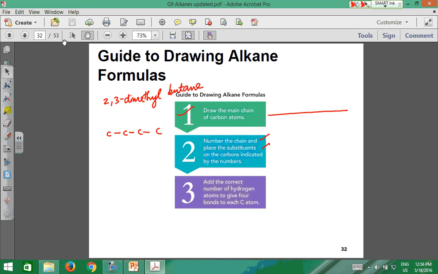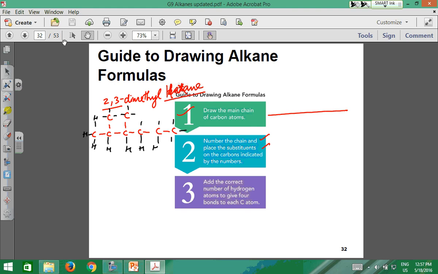Okay, or instead of butane, I have got hexane. Hexane means 6 carbon. So this is 6 carbon, 1, 2, 3, 4, 5, 6. Now, 2, 3 means on second carbon and third carbon you have a methyl group. Now put the exact number of hydrogens here.